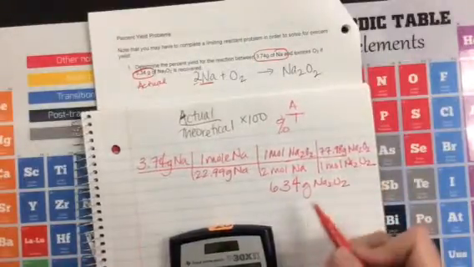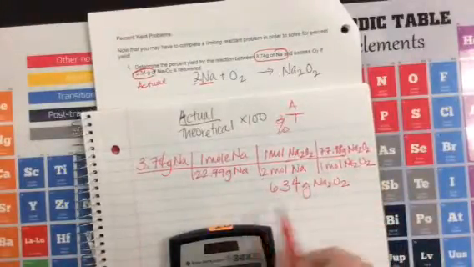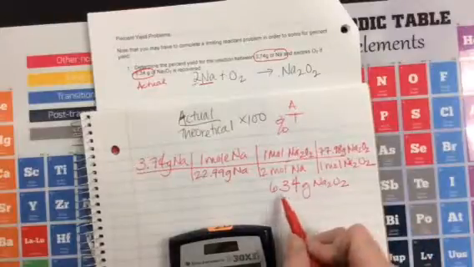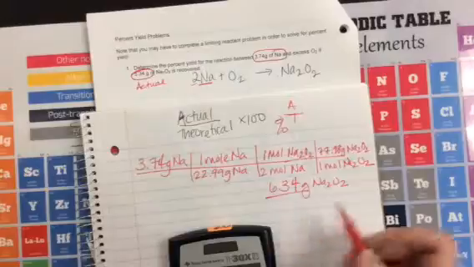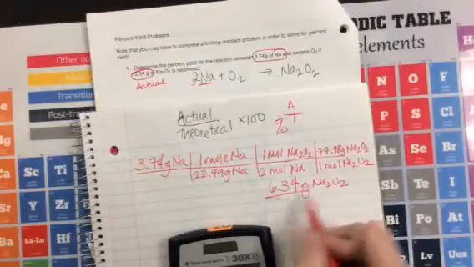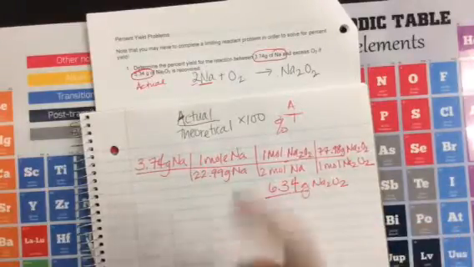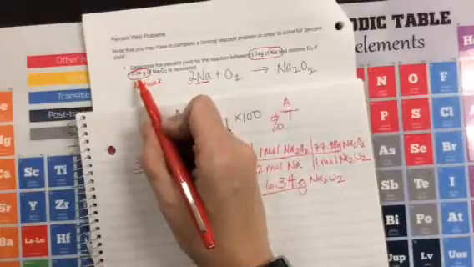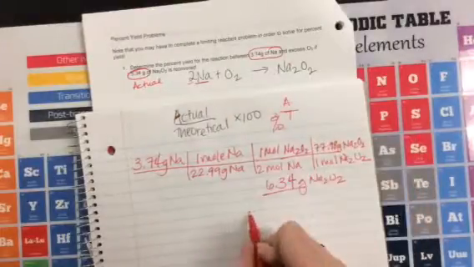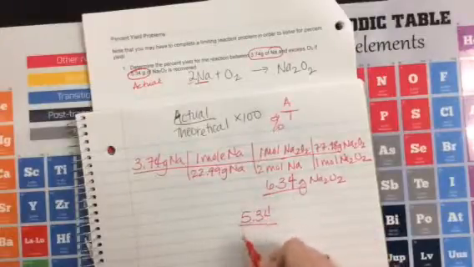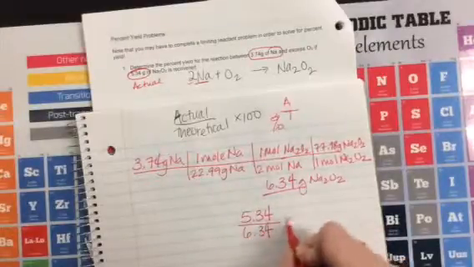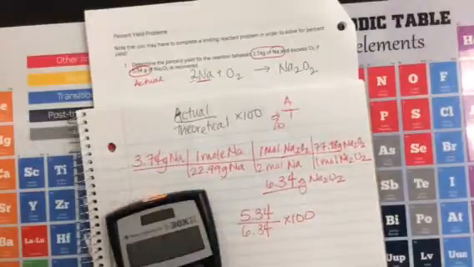So what this means is, in a perfect world that you do everything in the lab 100% correct, you don't lose any of your sample, you don't break your beaker, you have everything totally dry, whatever might happen, this is how much you should make. This is how much they did make. So we're going to take our actual, 5.34, over our theoretical, 6.34, times 100.